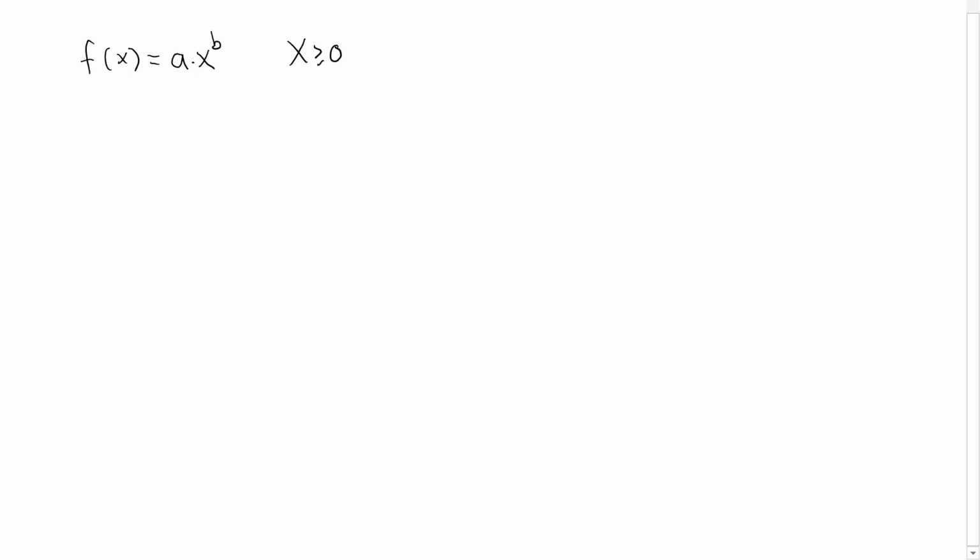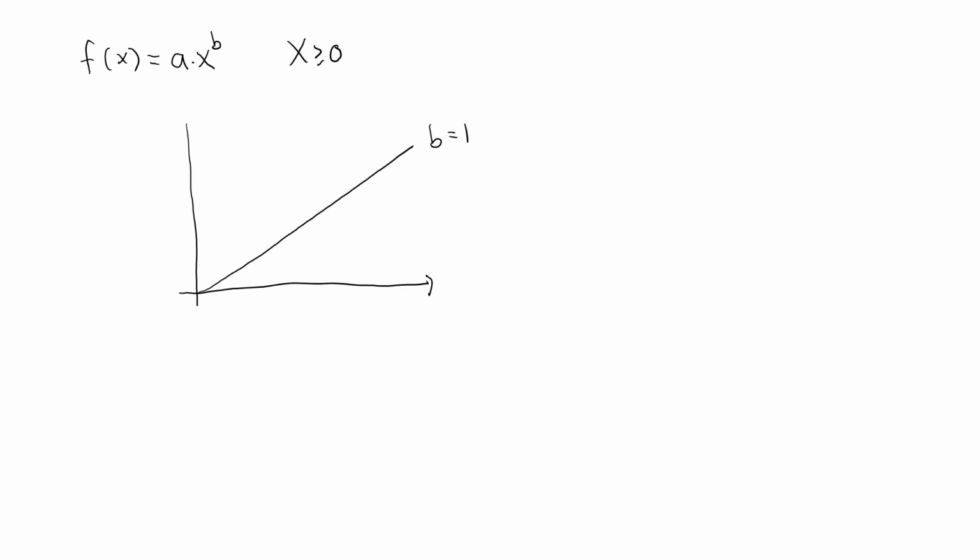So, for example, it can be a linear function. For b equal to 1, it's just a linear function like this, in which case a is simply the slope of this function. So if this is a equal to 1, then you can also have b equal 1 and a equal to 2.